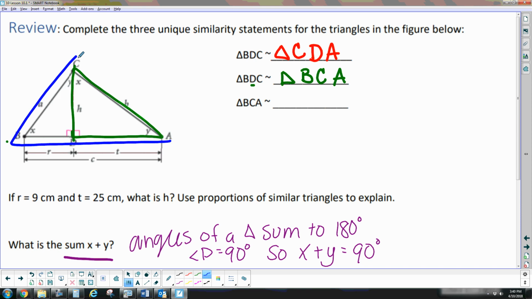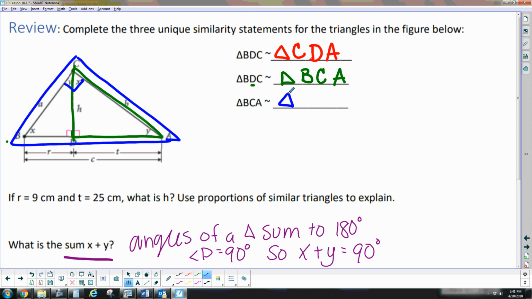And again, you know that this angle is 90 degrees because x plus y have to add up to 90 degrees. So angle B, CA, that's going to be similar. That's the blue triangle. That's going to be similar to the green triangle, but we have to make sure that we put it in the right order.